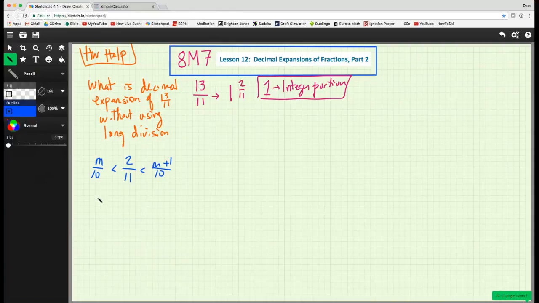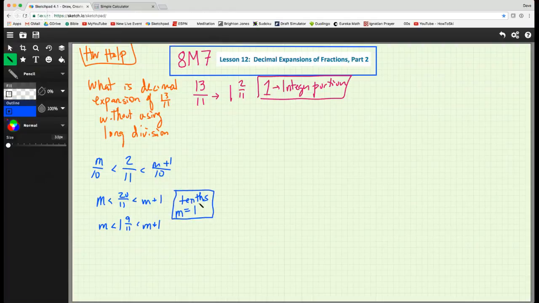Okay, multiply by 10. m is less than 20 over 11 is less than m plus 1. So m is less than 1 and 9 elevenths is less than m plus 1. So m equals 1, and this is our tenths.